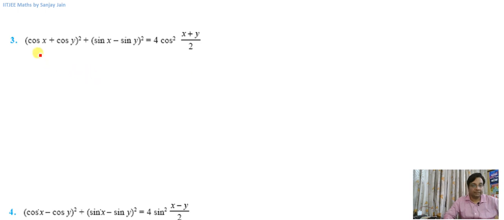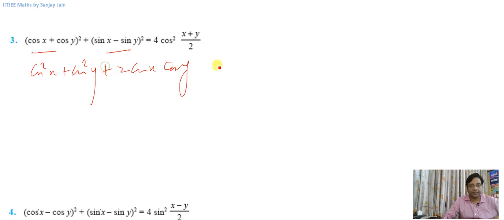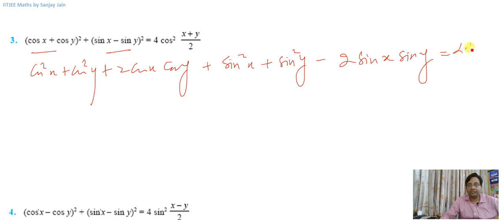The next we have is, this is my left hand side. If I square it, you will see cos squared x plus cos squared y plus 2 cos x cos y, and then I have got sine squared x plus sine squared y minus 2 sin x sin y. This is my left hand side. If you see, this plus this will give you 1, this plus this will give you 1.